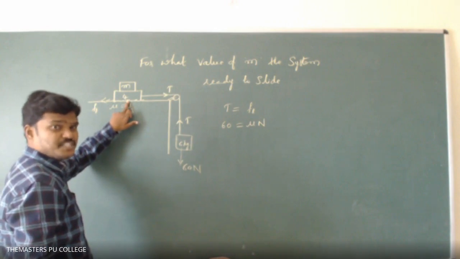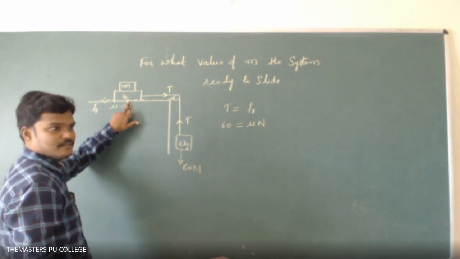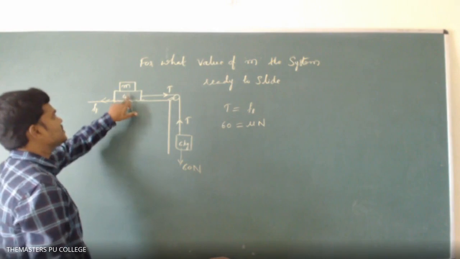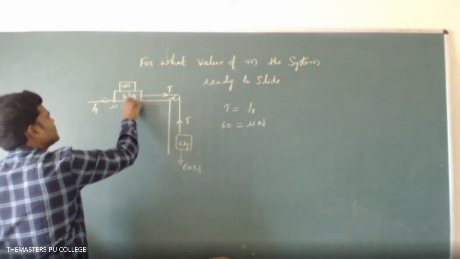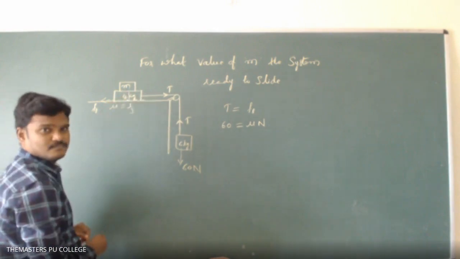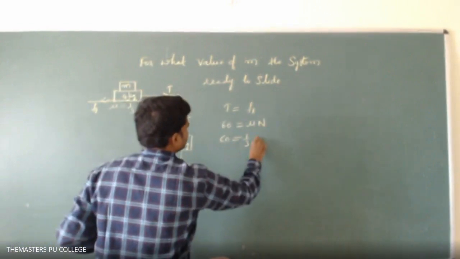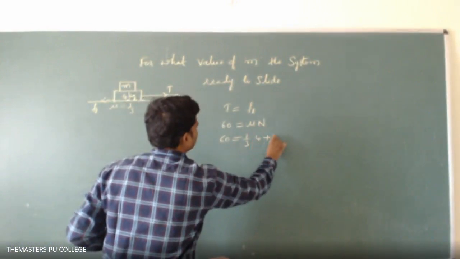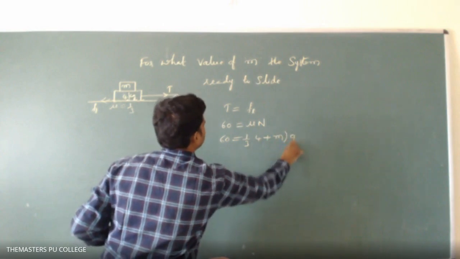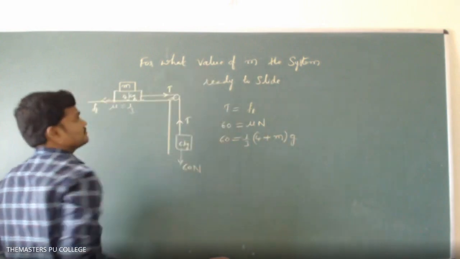N is (4 plus m) into g. Above this point, how many masses are there? The 4 kg and m, one mass only. So this is 1/3 times (4 plus m) into g. What is our question?